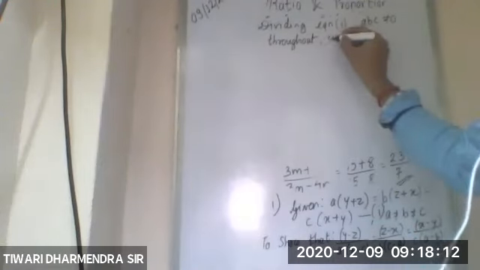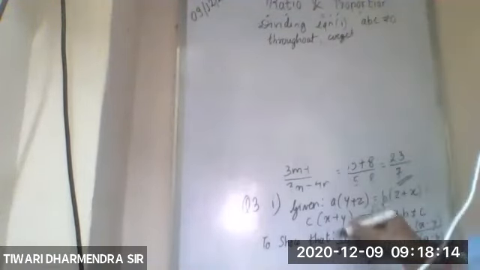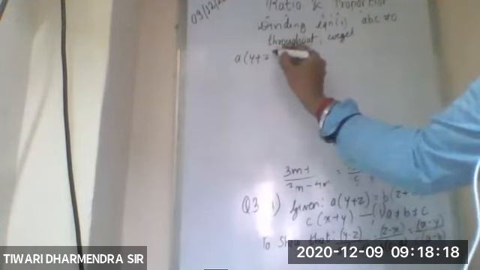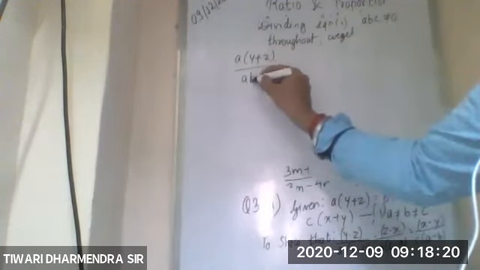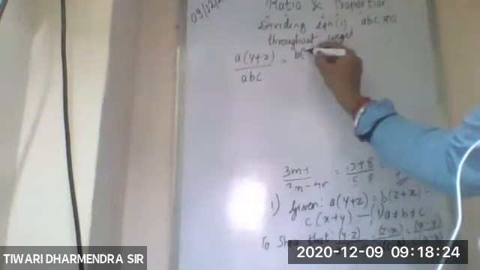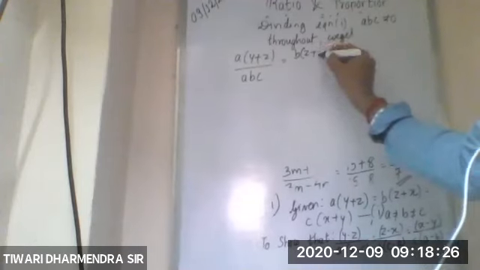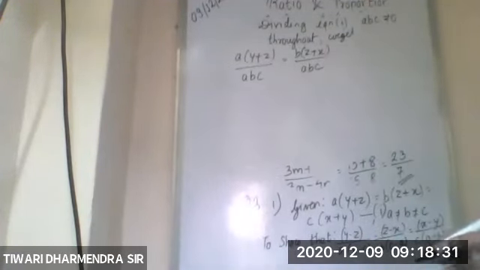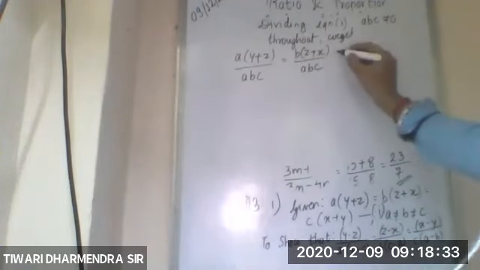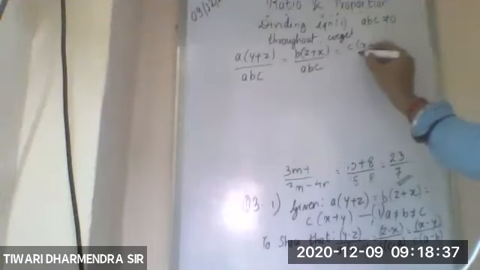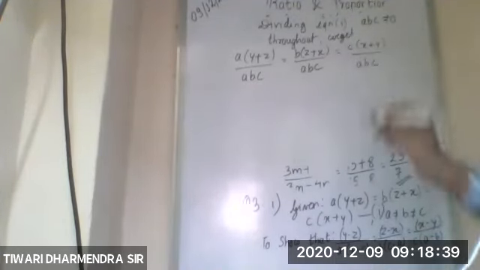What do we get? Let's take the given part: A into (y plus z) divided by ABC is equal to B into (z plus x) divided by ABC, and is equal to C into (x plus y) divided by ABC.